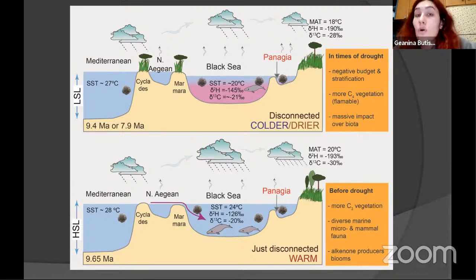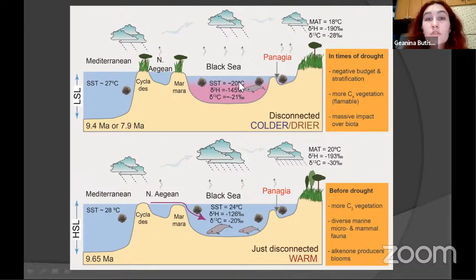water level drops. It's also a drop, of course, in the precipitations, but it's also a crisis induced over biota. When we have a negative water budget, we have also intense stratification, and this can cause occasionally anoxia, which has a very high impact over the biota populating it.